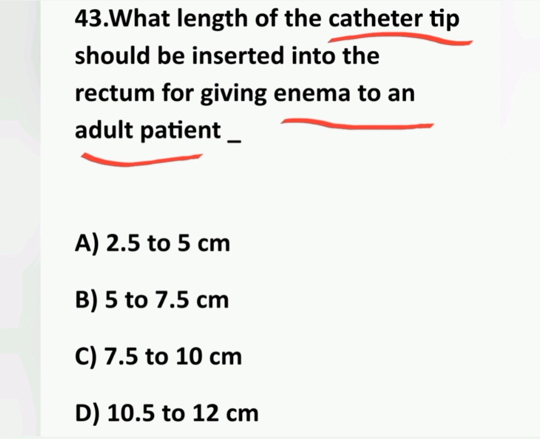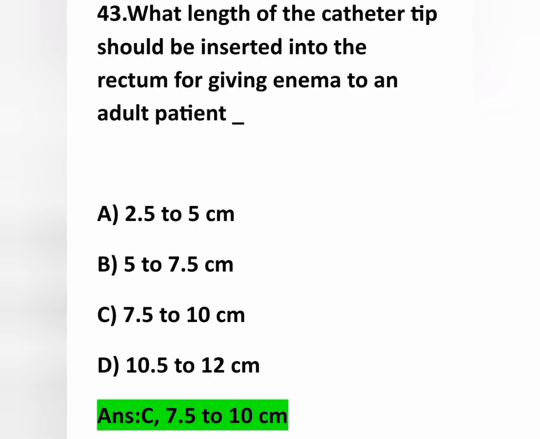So how much length of the catheter tip should be inserted into the rectum for an adult patient while giving enema? Correct answer is option C, 7.5 to 10 centimeter. Okay, the tip of the catheter should be inserted 7.5 to 10 centimeter in adult patient.